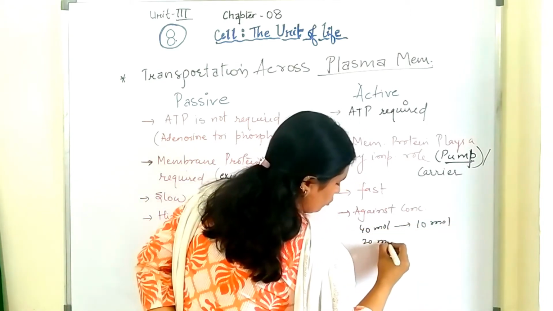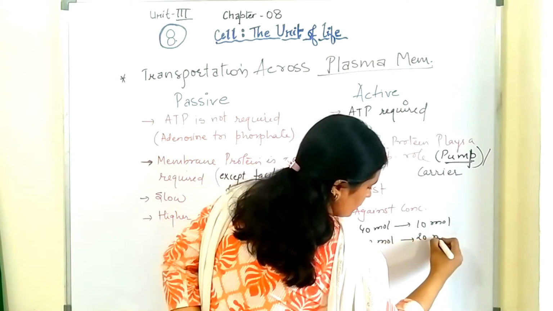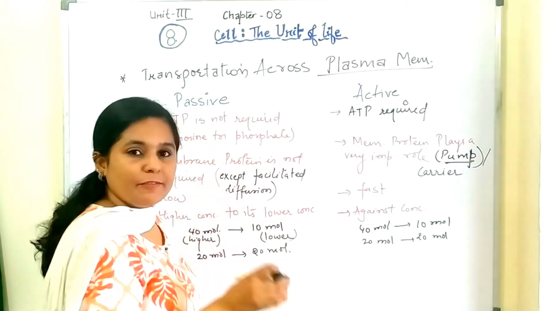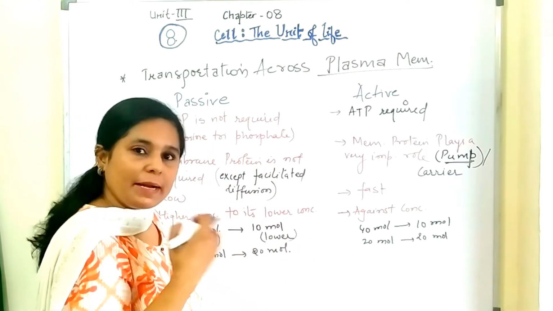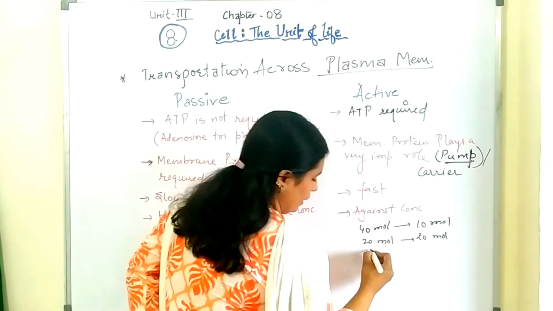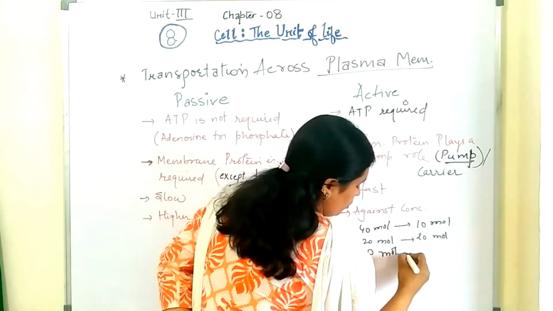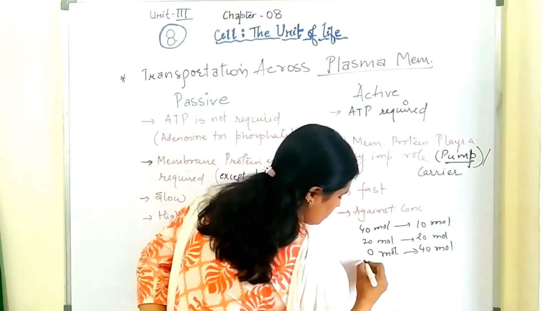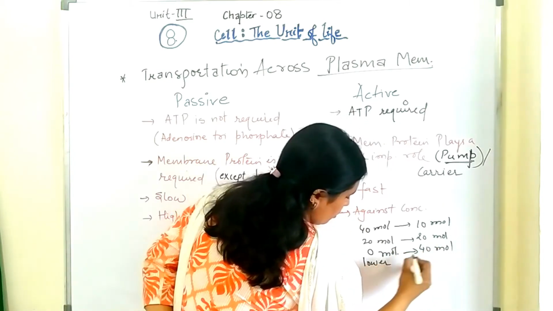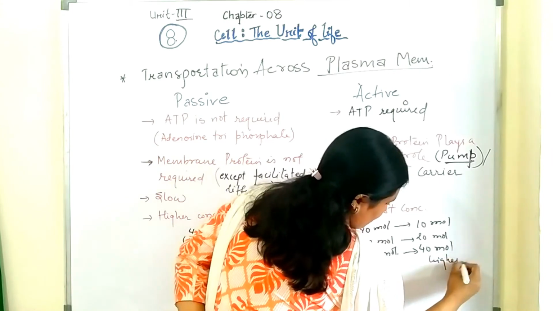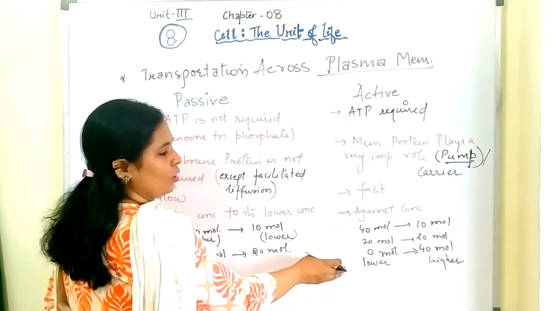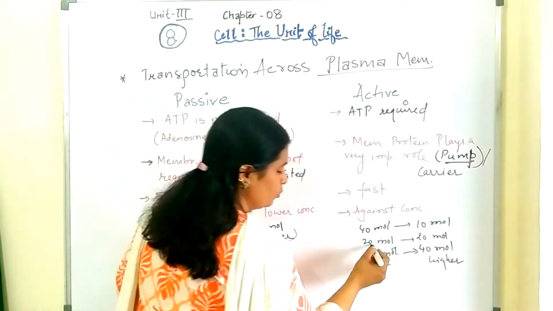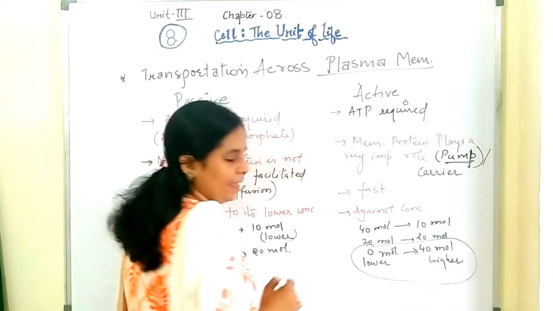It will go beyond the position of equilibrium, and if the molecule is very important for the cell, for the metabolic activity of the cell, it can even reach this stage, where this side is lower and this side is higher. So this is also called active transportation, and for this movement you need energy.